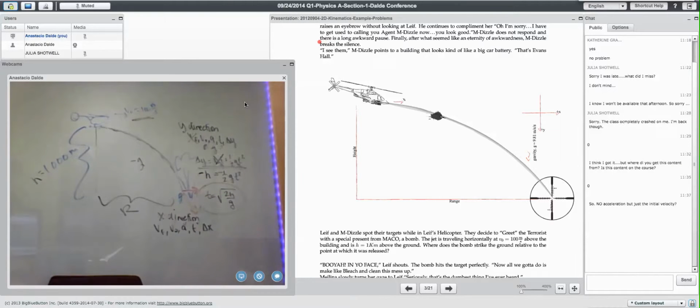What do you mean the size of the arrow? I'm relating the size of the arrow to the speed. If this thing's moving faster, then I draw a bigger arrow. So this value is going to be 100 meters per second, just like this value is 100 meters per second. But that's talking in the x direction, specifically. In the y direction, it's going to be some value, like 10 or something, I don't know.